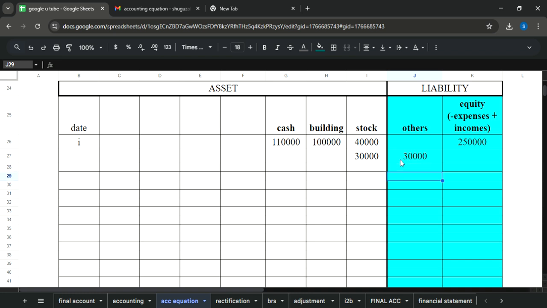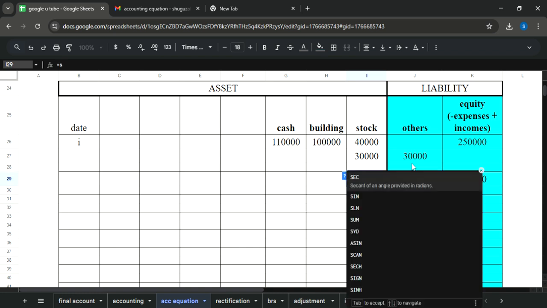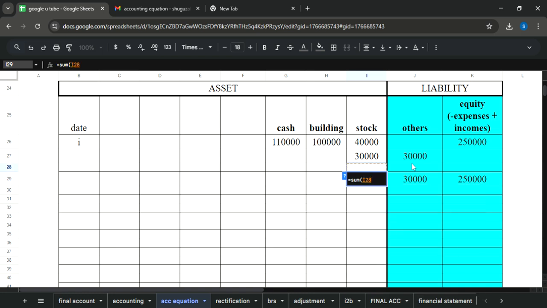At this stage, we will take the sum of all amounts so that we can check that all entries are good. There was only one amount present in these columns, so the total would be the same. And here we will take the sum of these two amounts, and over here there is no change.